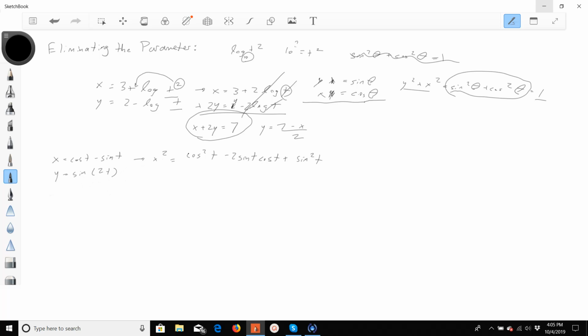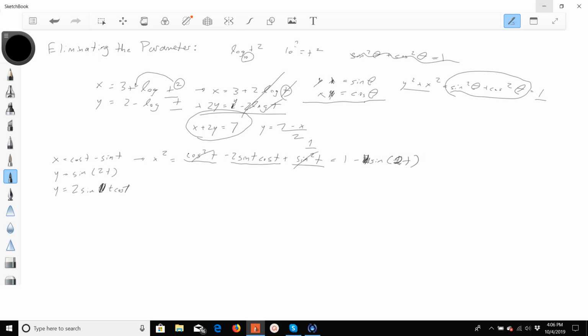Now, realize also y is equal to 2 sine t cosine t. So now cosine squared t plus sine squared t is 1, so get those away and I'll just write 1, and 2 sine t cosine t is sine 2t, so we get 1 minus sine 2t, my bad.